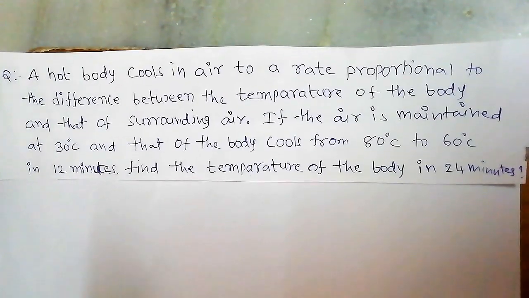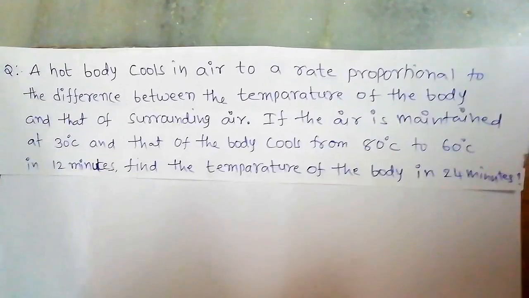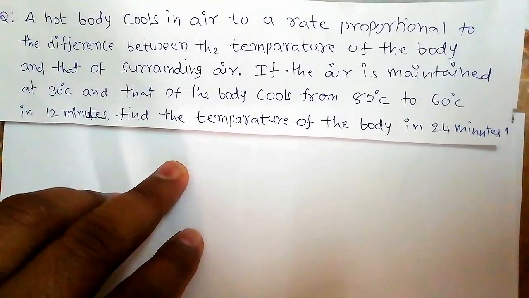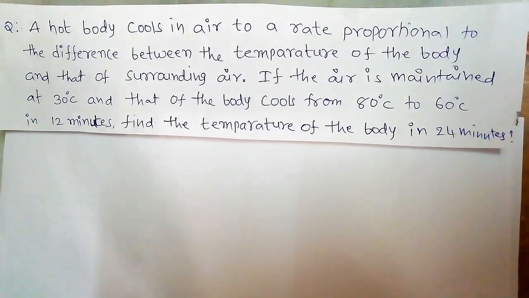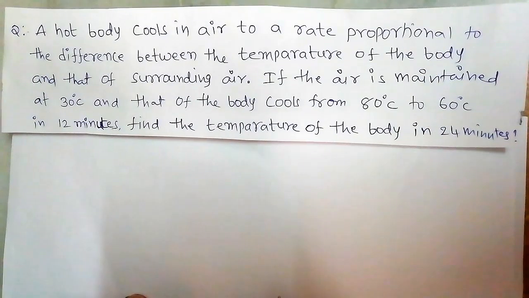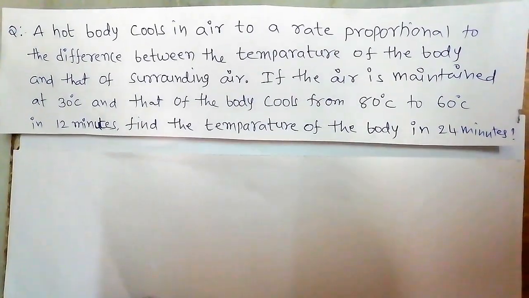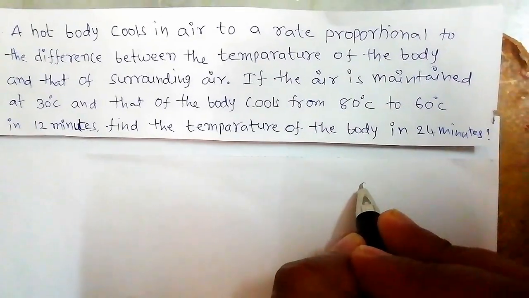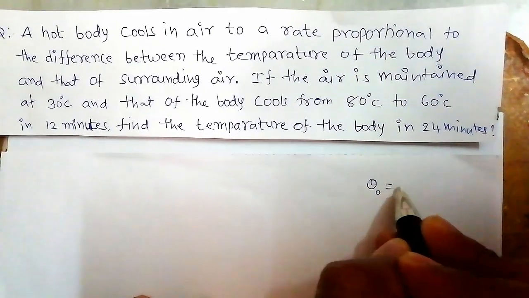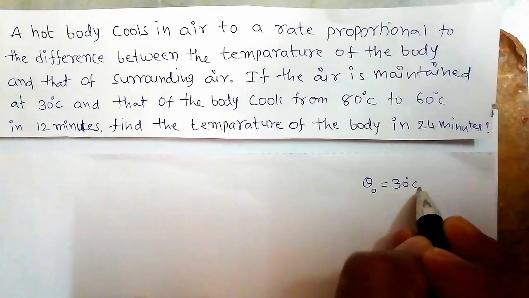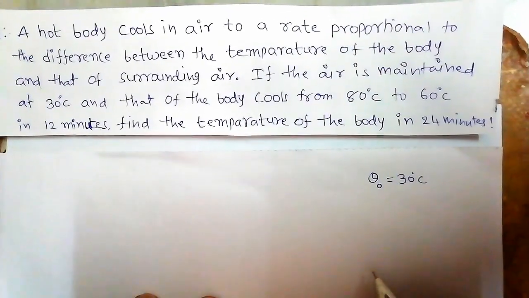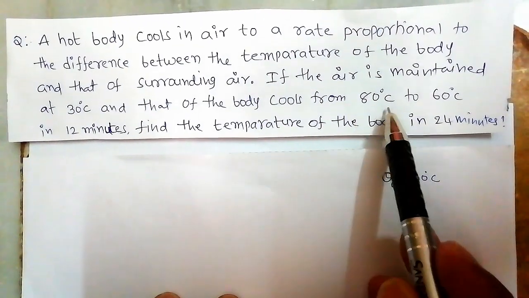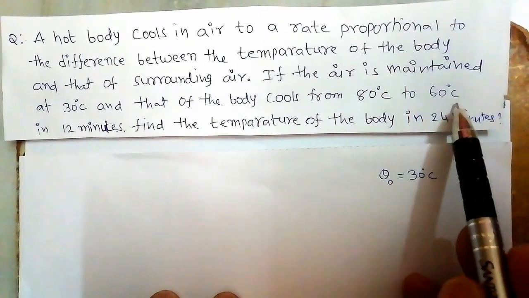So before starting this problem, first we have to write what the given information is. Here the surrounding medium is air. The temperature of the surrounding medium is 30 degrees. So let us take theta 0 equal to 30 degrees Celsius. Now what has been given: the body cools from 80 degrees Celsius to 60 degrees Celsius.